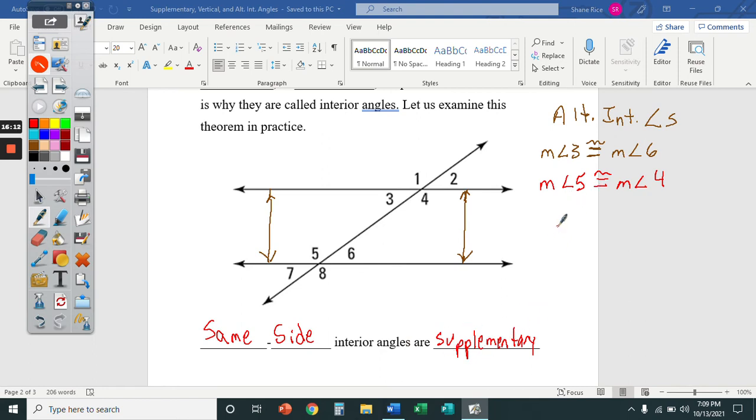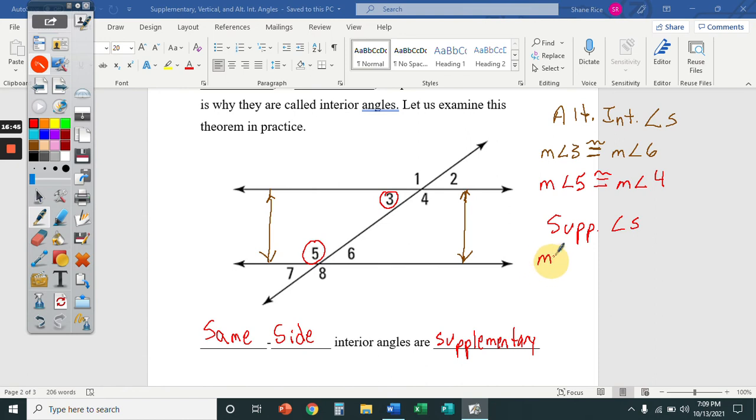Which means, so right here, I'm not going to rewrite all the ones we've written before, like 1 and 2, 3 and 4, 5 and 6, 7 and 8, and then 1, 3, 2, 4, 5, 7, 6, 8. But I'm going to add to that list, and we're going to write the complete list at the end. Angle 5, what's on the same side of the transversal, but on the inside of the parallel lines is angle 5 and angle 3.